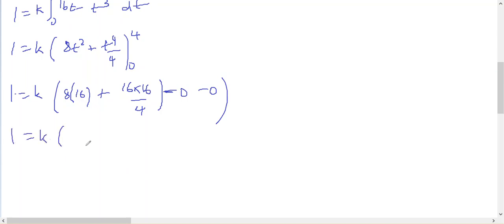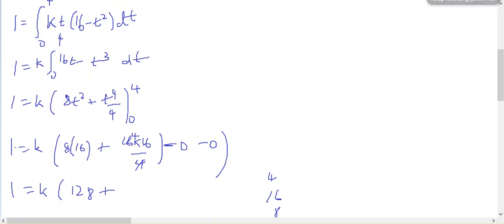1 equals k, 8 times 16, so 16 times 8, 8 sixes are 48, carry 4. So 128 plus, that's a minus, which means that's a plus.